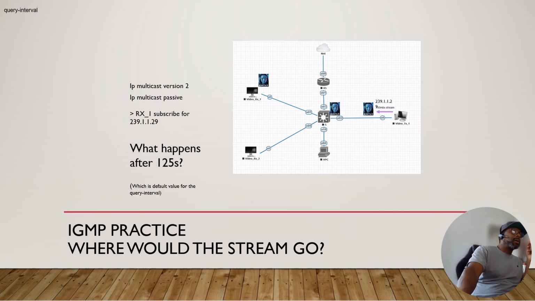Here's a question that popped up about what happens after 125 seconds after a general inquiry. Well, that's the default. Traffic will stop being sent to the device in that group if it doesn't reply.